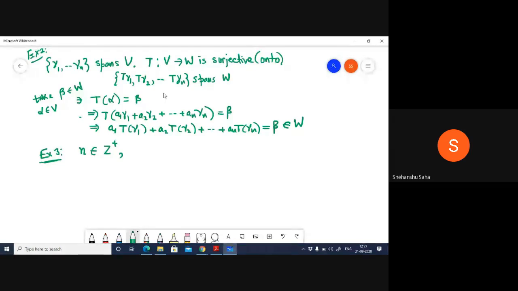And what you have here is a linear transformation T from F^n to F^n, which means your vector space is of dimension n, it could be real or complex.